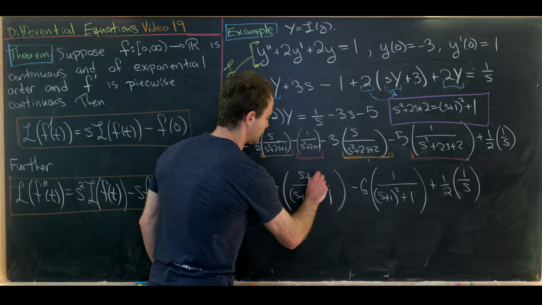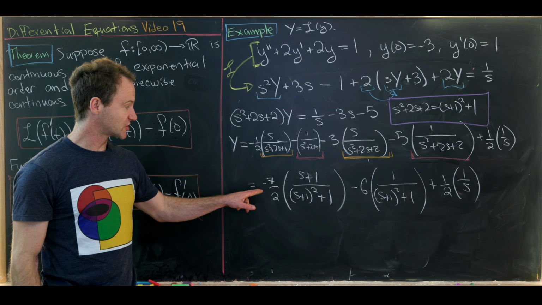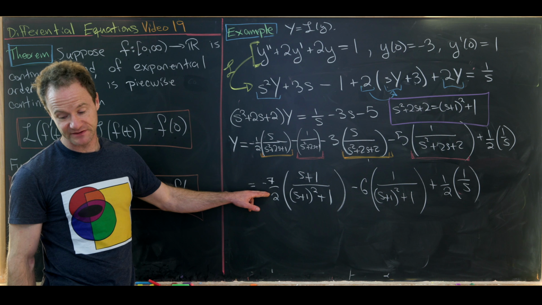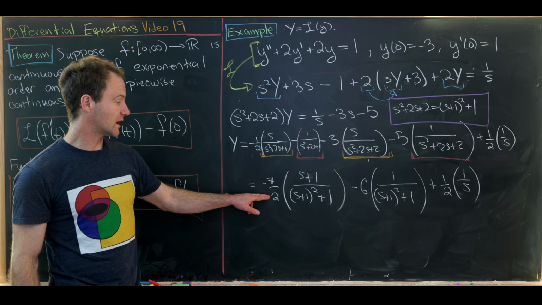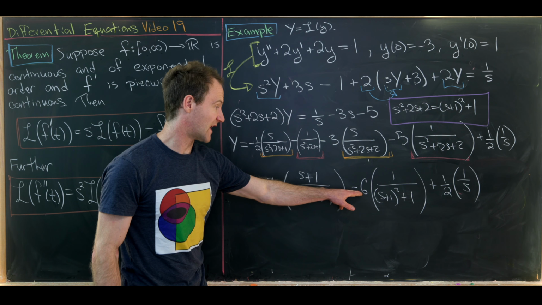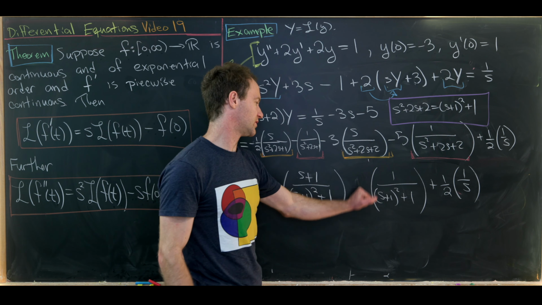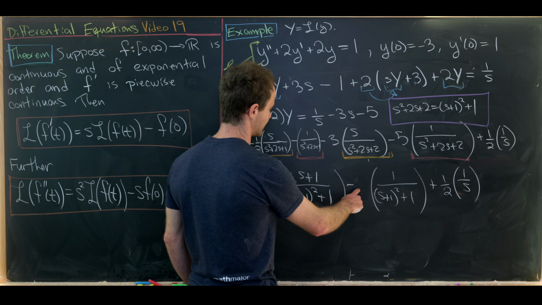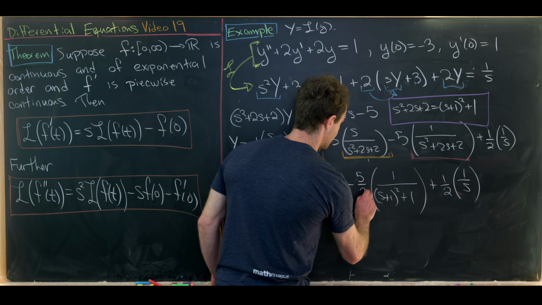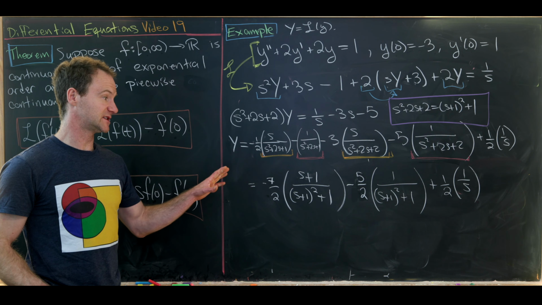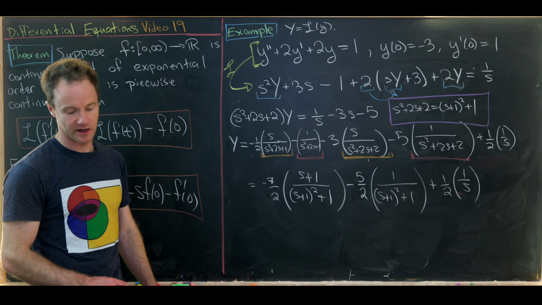So if we put an s plus 1 in the numerator, then what we've actually done is subtracted 7 halves. But if I've subtracted 7 halves, what I need to do is add 7 halves to this side. But this is negative 12 halves plus 7 halves, which gives me negative 5 over 2. So that finishes everything off until it's to the point where we can just look it up.